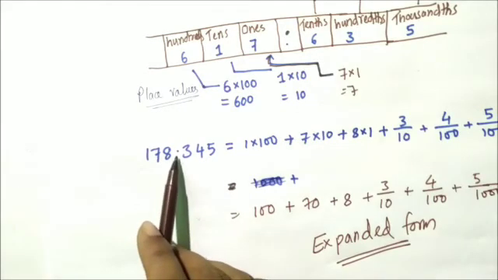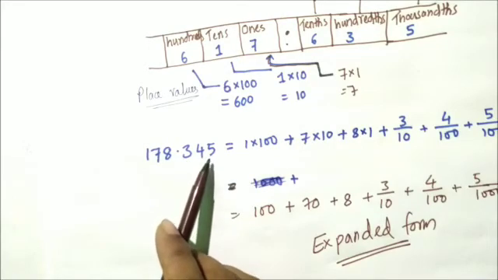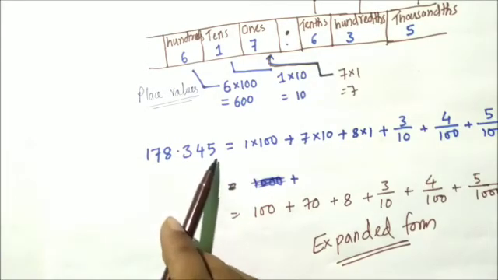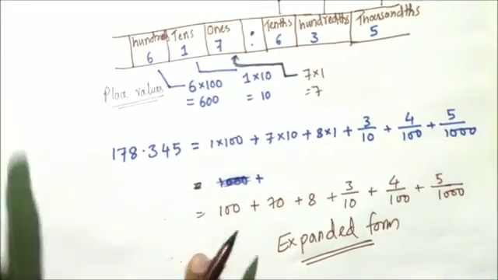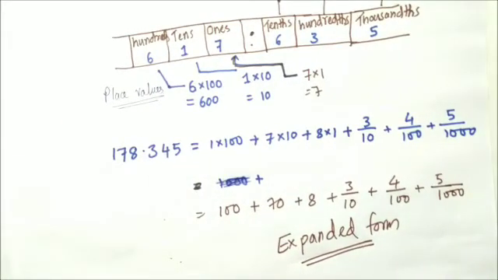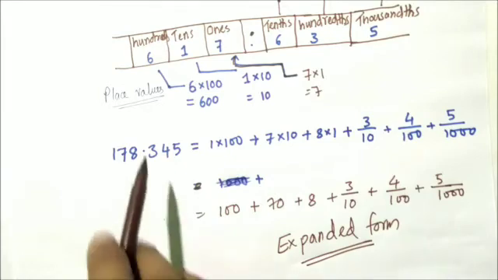After the point, it is tenths, hundredths, thousandths. So 5 is placed at the thousandths place, so the place value will be 5 by 1000. Correct? So this way you can write the value of different digits in a decimal number.